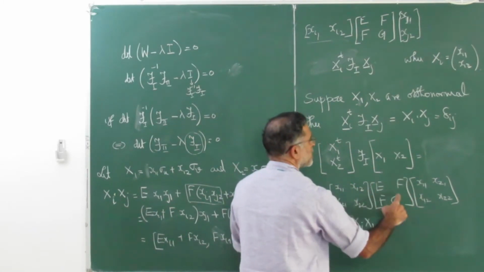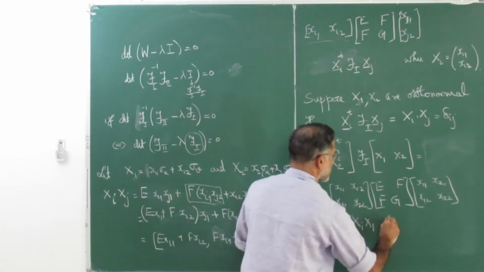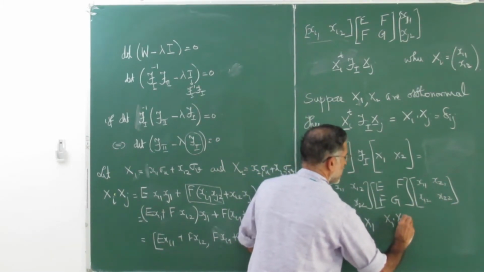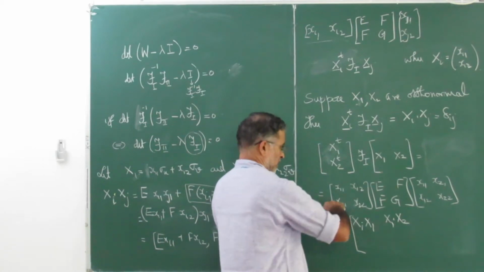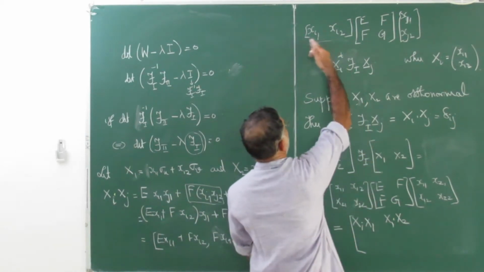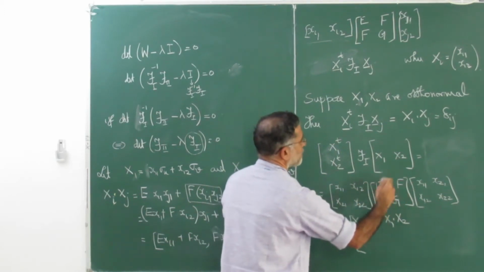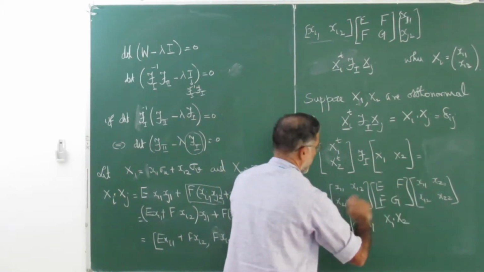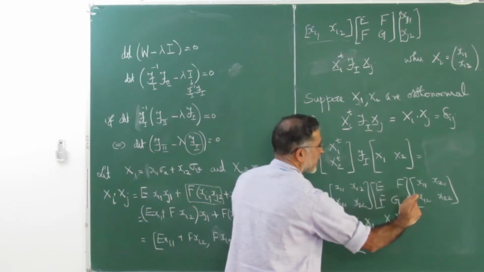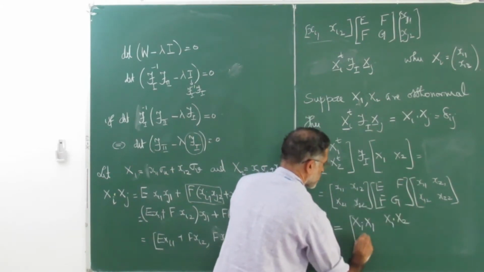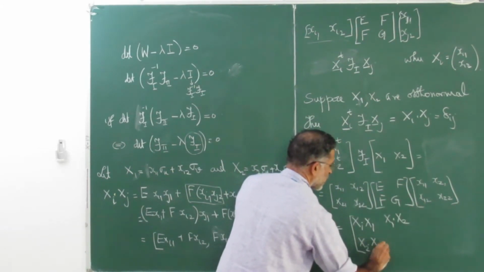This into the matrix into the next one, so that is x1 dot x2. I am just putting xi, xj. So it's x2 F1 into x2 transpose, F1 into x1 transpose. So that is x1 dot x2.